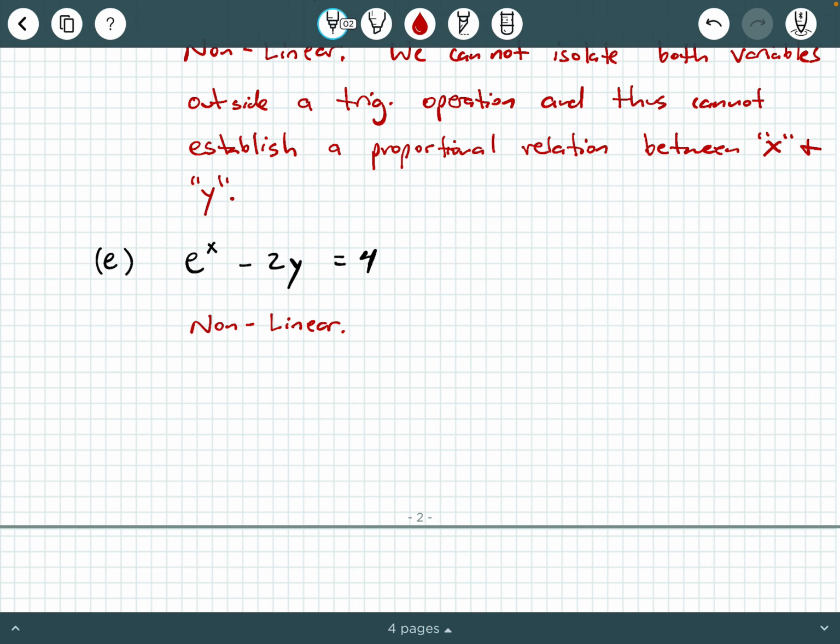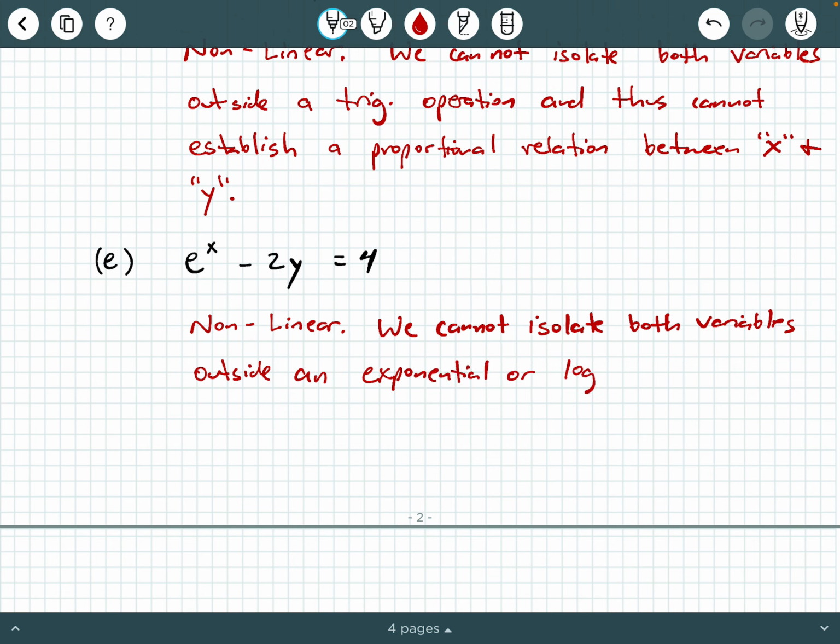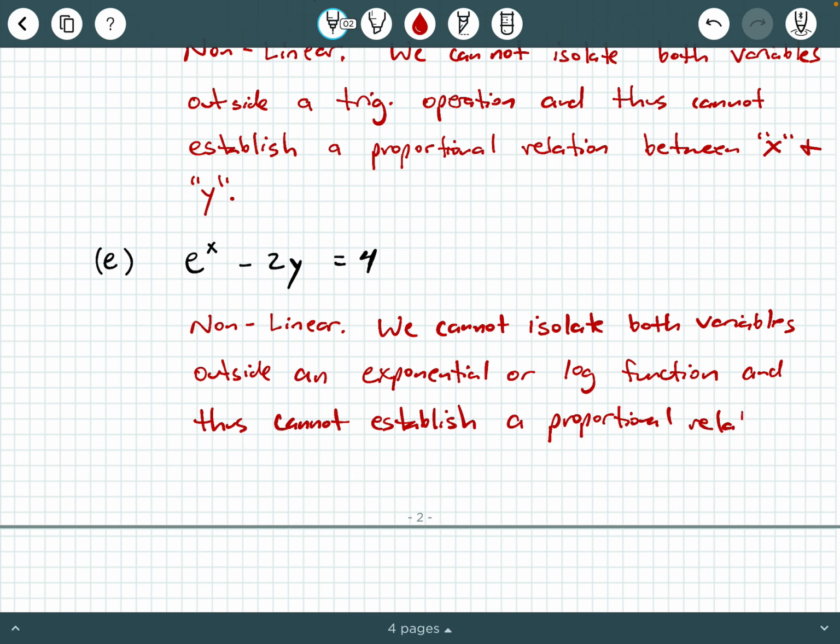So similar to equation D, we cannot isolate both variables outside an exponential or log function, and thus cannot establish a proportional relation between these two variables.